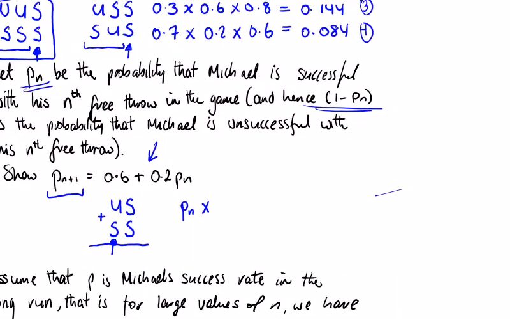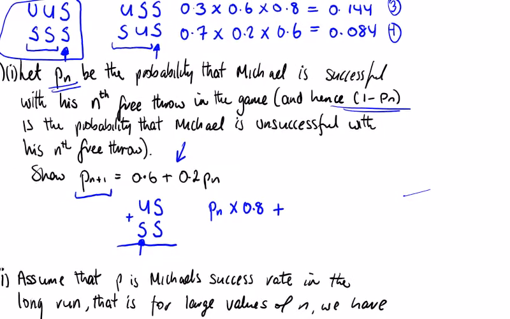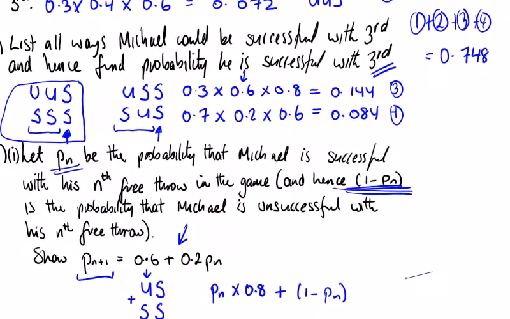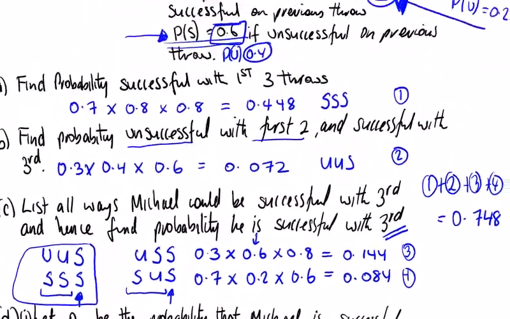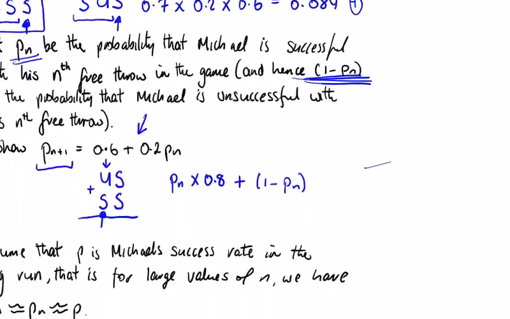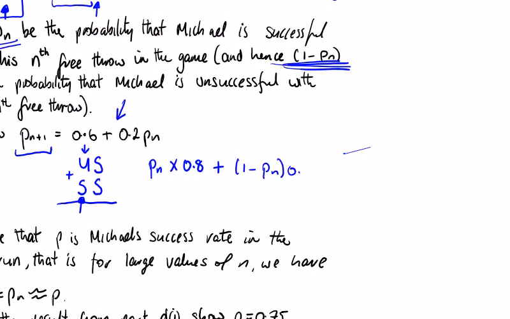So Pn by 0.8, we'd have to add unsuccessful on his nth, which is 1 minus Pn. And then he's successful on his next one. So we'd have to multiply that by 0.6 if he was unsuccessful. It's this 0.6 here again. Unsuccessful and then successful by 0.6.